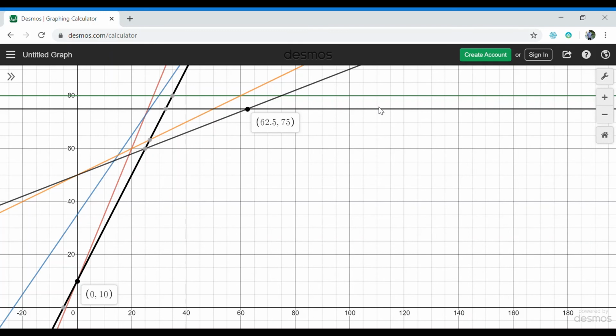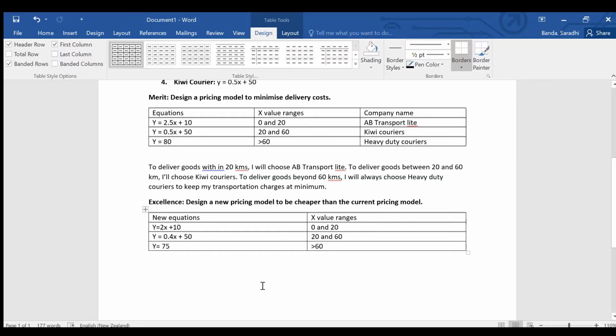So let's go back to our table and rearrange our x ranges. All right, so after looking at Desmos, we realize what these equations are doing to us. So here, the first change is instead of range between 0 and 20, it's now between 0 and 25 kilometers.